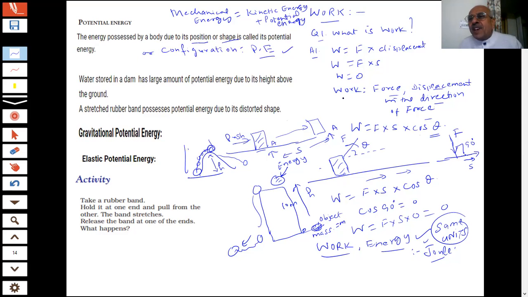Can you give me an example of potential energy, students? You are a part of our lectures. Our lecture is like a film story, and you will be participating in it, and we will learn a lot of things from you also. Can you give me some examples of energy due to position, energy due to change in shape, or energy due to some configuration?